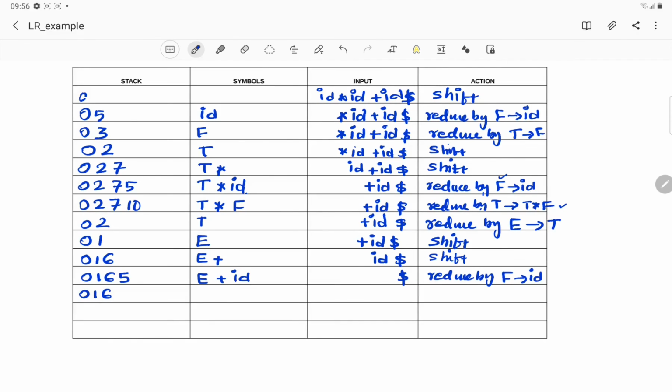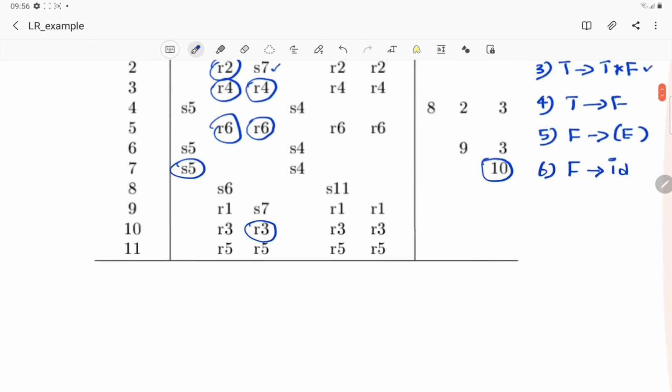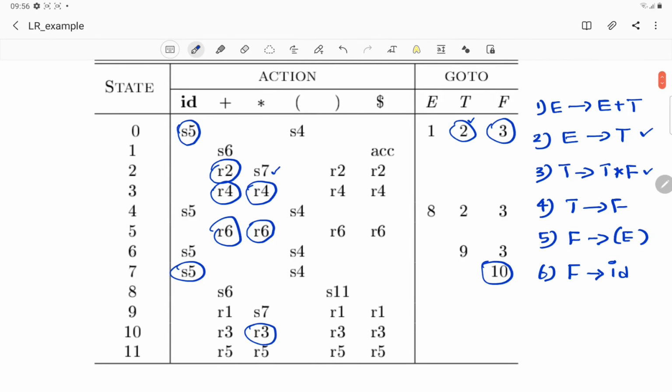Next we have to compute the go to of 6 comma F. The value for go to of 6 comma F is 3.